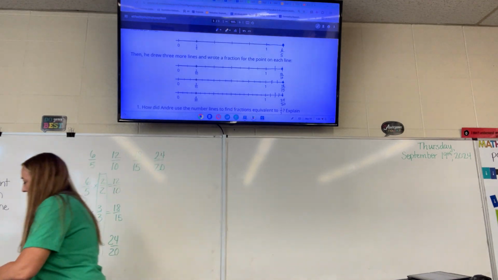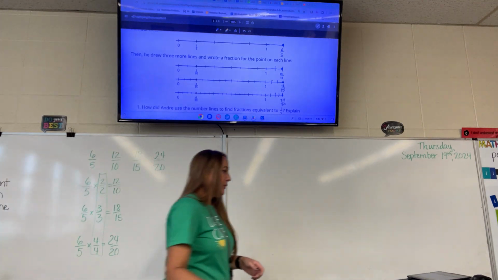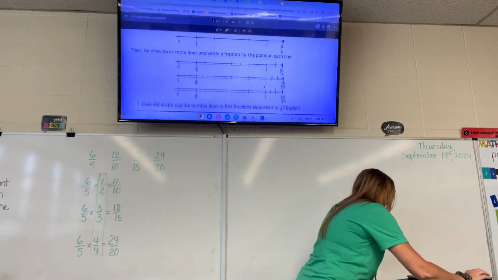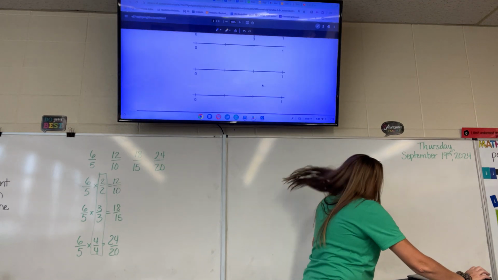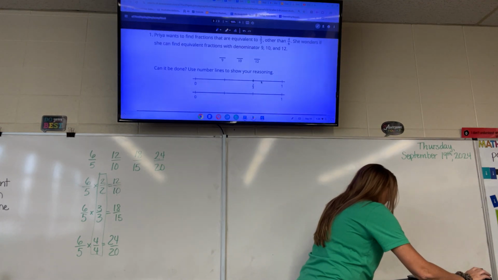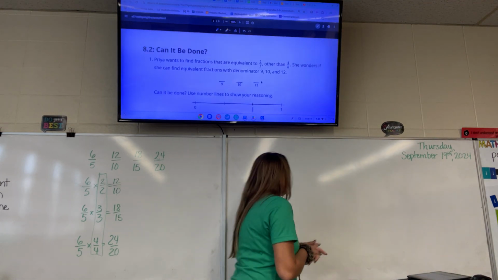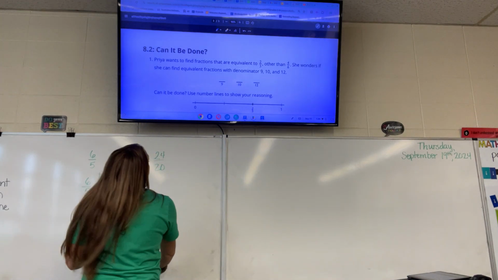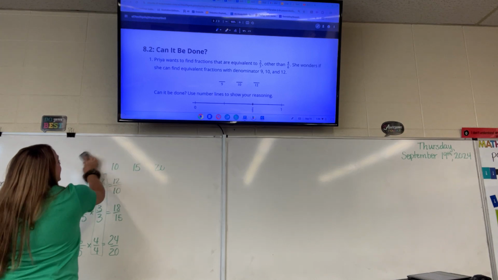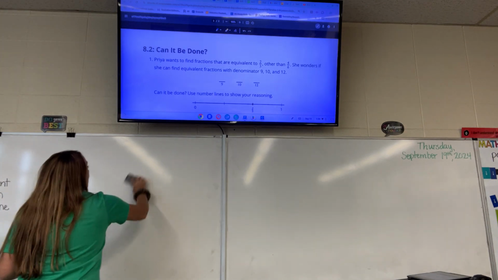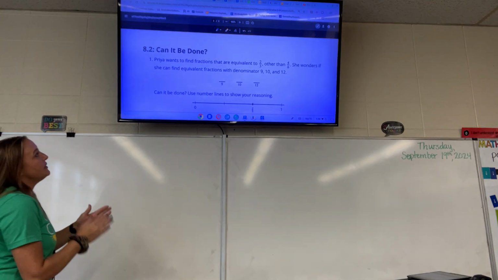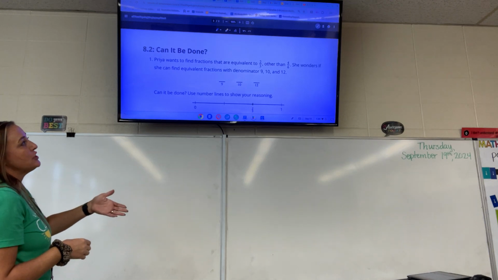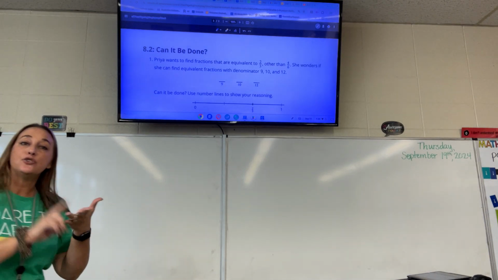All right, we need to move on real quick. We got one more page to do. Okay, here we go. Can it be done? Priya wants to find fractions that are equivalent to 2/3. Other than 4/6, she wonders if she can find equivalent fractions with denominators of 9, 10, and 12.